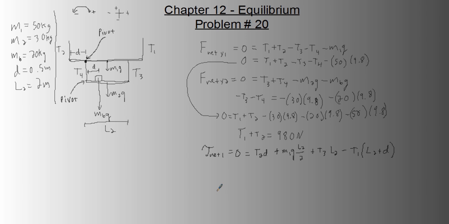Alright. And now we know a lot of these numbers, so let's just plug as much in as we know. So 0 equals, and D is 0.5, T2. I like to write numbers before the variables, so don't let that confuse you. I just put the D in front. Plus, we know M1 is 50. This is going to be longer than 15 minutes, I apologize, but I don't want to split this up. 9.8 is G, and L2 over 2, that's 2 over 2.